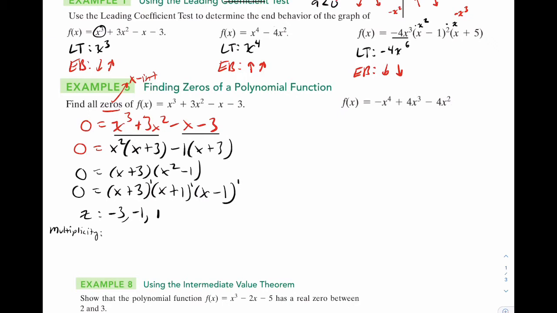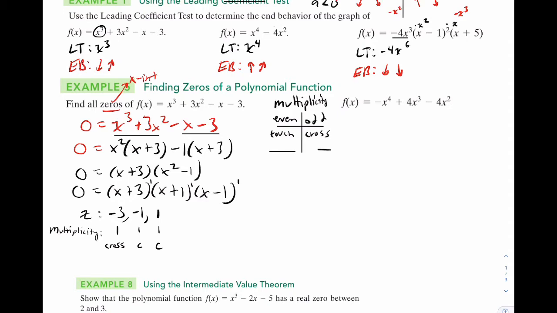And for all of them, the exponent is 1, which actually means we're just going to write 1 under all of them. And then hopefully you recall, if it's odd, that means these all cross. So I can write C. So if you've forgotten what that means, just remember for multiplicity, even is one scenario, odd is the other. If it's even, we say touch. Odd, we say cross.